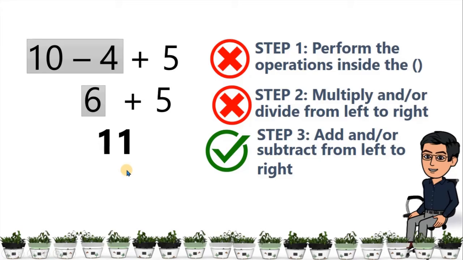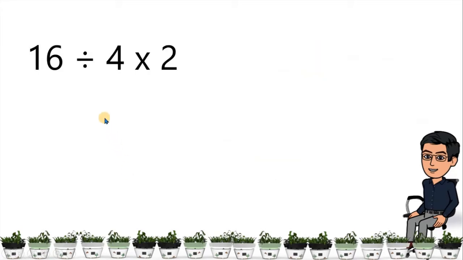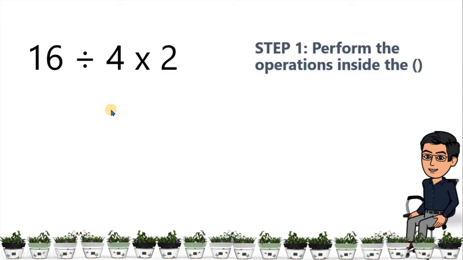Let's have another example. 16 divided by 4 times 2. Let's consider again our steps. Step number 1. Do we have grouping symbols or parentheses? No, we do not have.